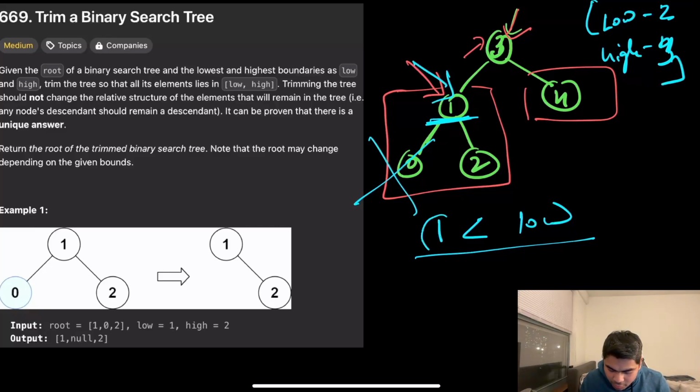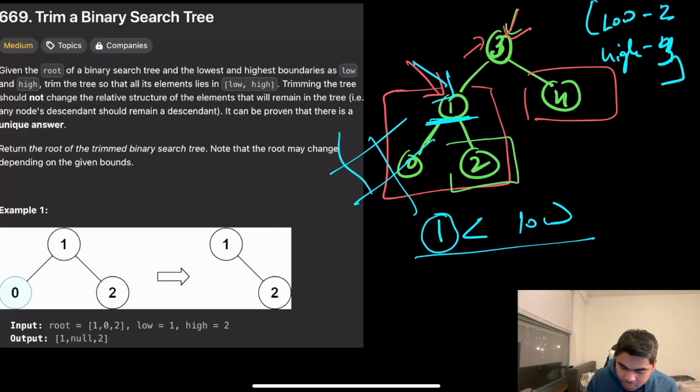If 1 is lower than my low, that means everything in the left of my 1 will also have to be trimmed, because it will be smaller than my low range. So I can't include that. Even I can't include 1. So that means I will return my right subtree and I will apply that recursive function on the right subtree.